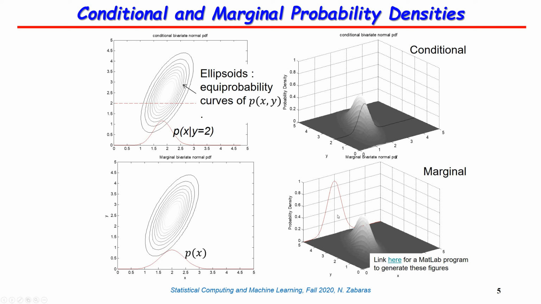And similarly, here you have the marginal p of x, but the whole plot is given in a nicer fashion in 3 dimensions. So certainly do play with this type of plots, because you will need to be able to present your results using similar plots in 2 dimensions at least.